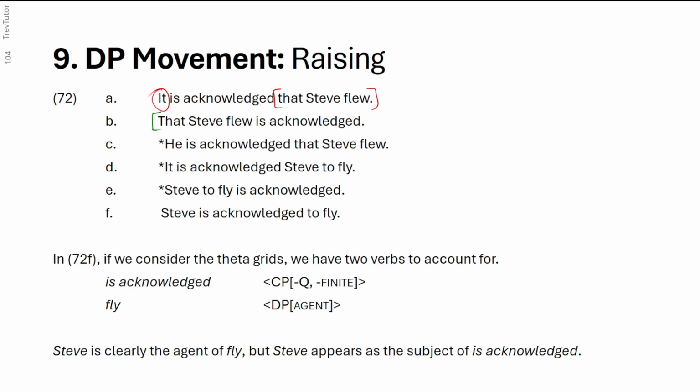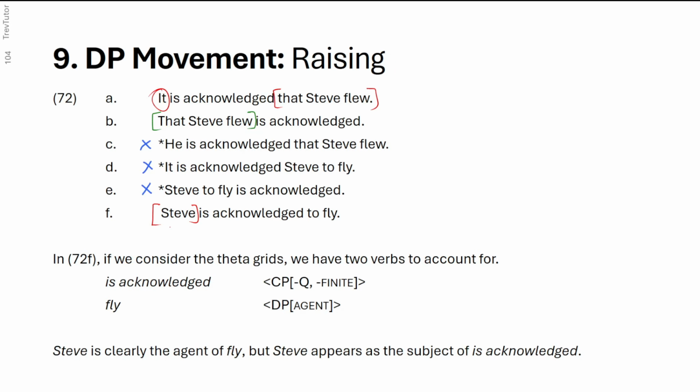But like we said before, we can put these that phrases into expletive positions and get that Steve flew is acknowledged. Now, we can't say he is acknowledged that Steve flew, or it is acknowledged Steve to fly, or Steve to fly is acknowledged, but we can say that Steve is acknowledged to fly.